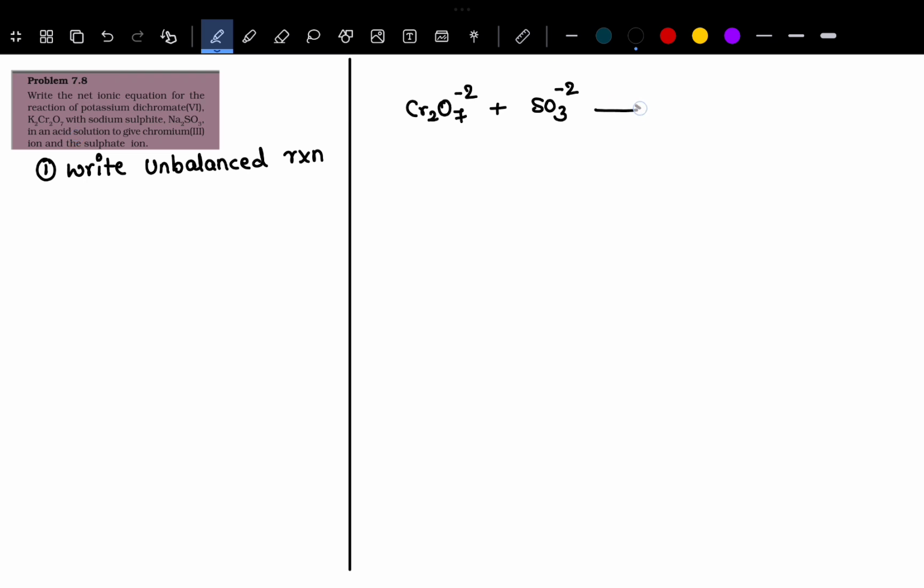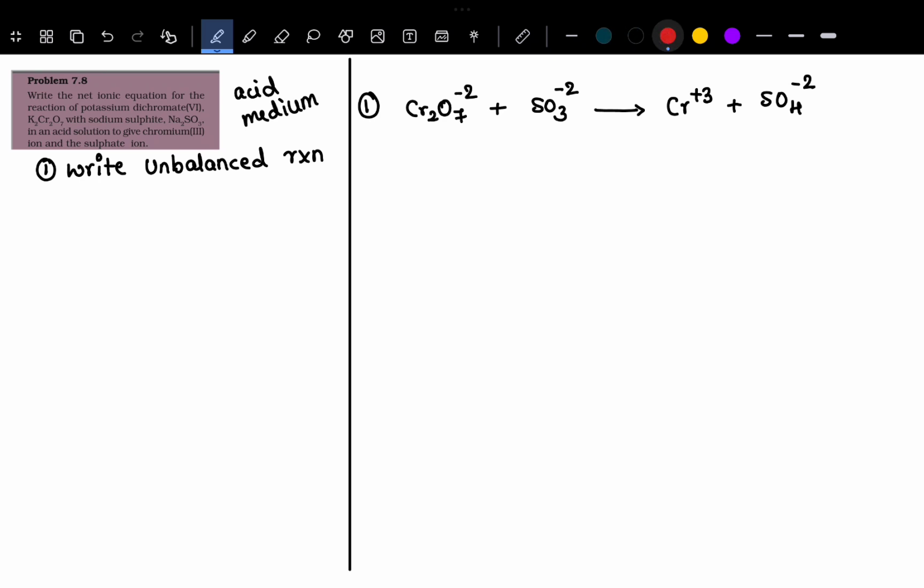This reaction is performed in acid medium, so we have to balance this in acidic medium. And it gives chromium ion and sulfate ion, so it will form Cr plus 3 and sulfate, SO4 minus 2. So this is the first step, writing the unbalanced reaction.